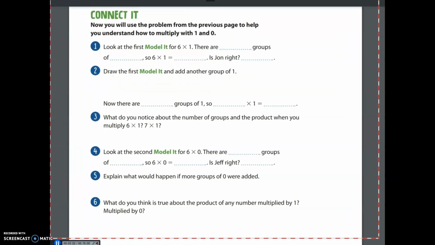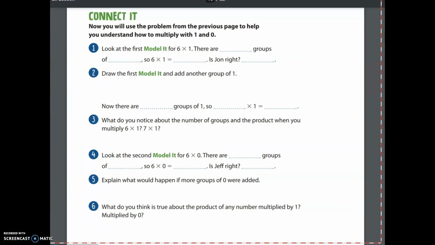Okay, so on page 117 it says, look at the model of 6 times 1. There are 6 groups of 1, so 6 times 1 is 6. Is John right? Yes, he's right, because 6 times 1 would be 6. So it says, draw the first model and add another group of 1s.